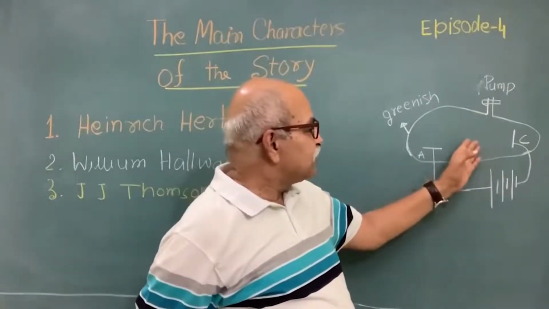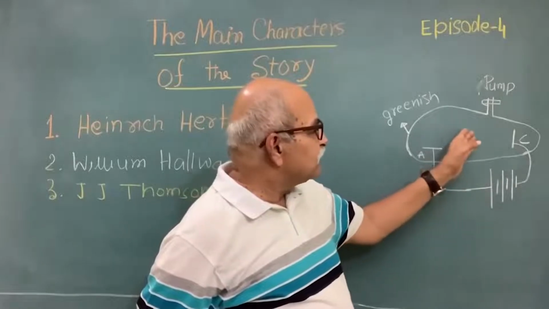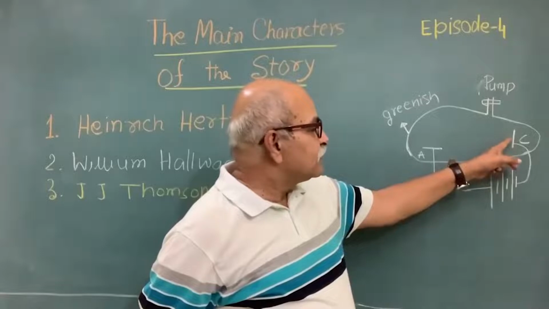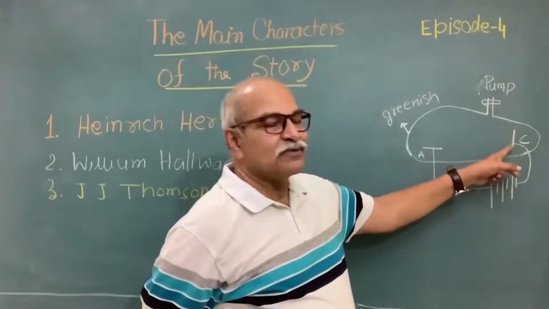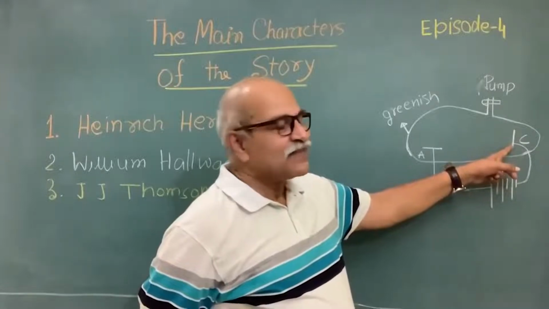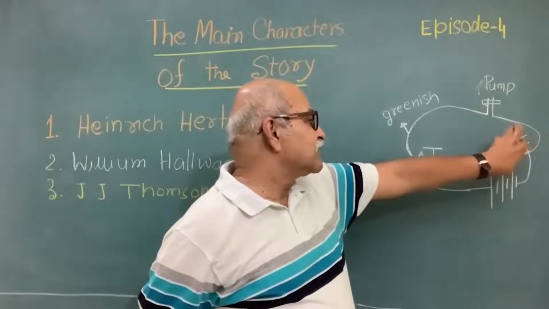So some ionization is there, some electrons are there, some positive ions are there, and because of this electric field, those positive ions will go this side and hit this cathode with large velocities because of their large mass, and then electrons will be emitted from here. They are the main component.